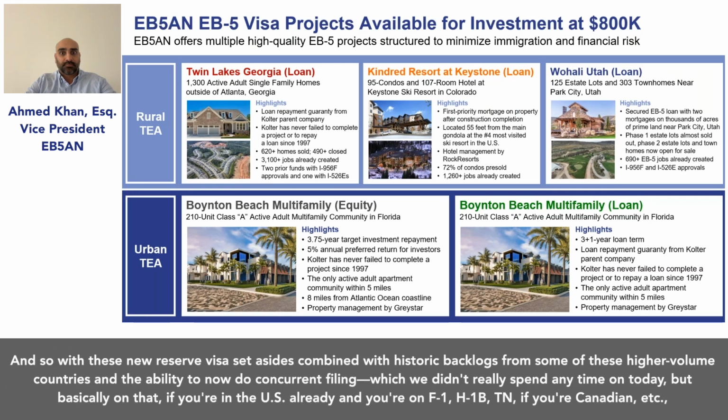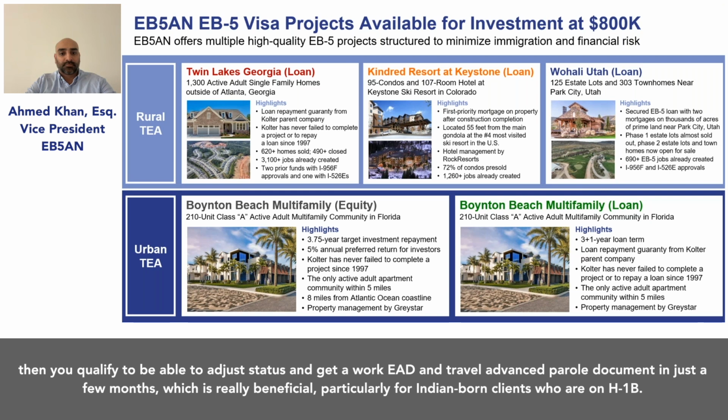And so with these new reserve visa set-asides, combined with historic backlogs from some of these higher volume countries, and the ability to now do concurrent filing, which we didn't spend any time on today, but basically, if you're in the US already, and you're on F1, H1B, TN if you're Canadian, et cetera, then you qualify to adjust status and get a work EAD and travel advance parole document in just a few months, which is really beneficial, particularly for Indian-born clients who are on H1B.